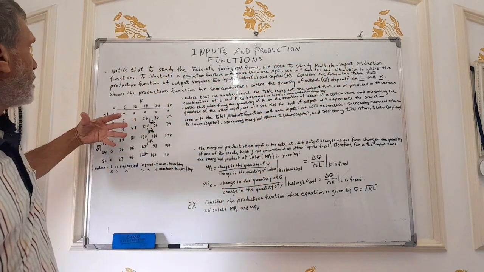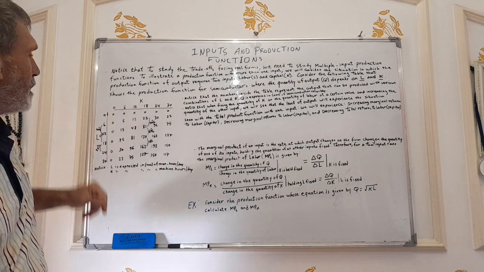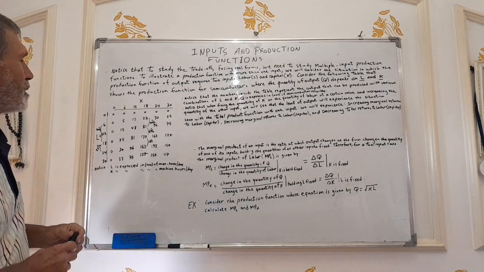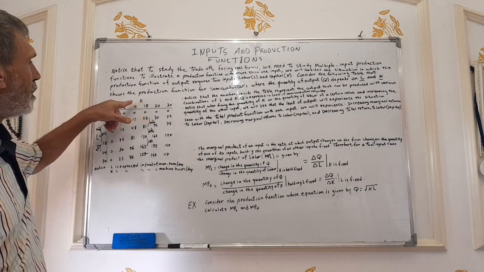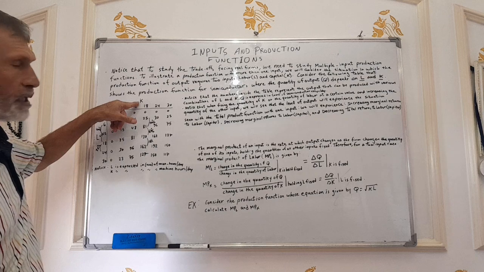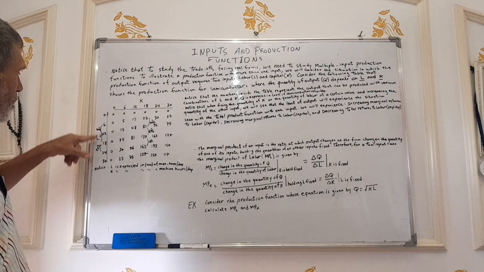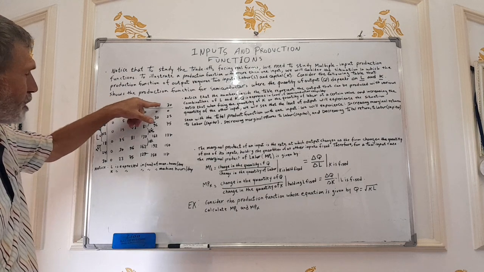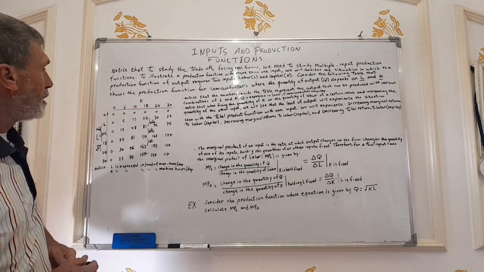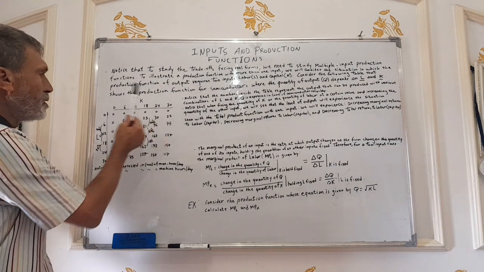Let's see this table. Consider this table that consists of capital units, which is the input capital, and the labor. The labor is along this side, and capital is along the row side over here. The capital ranges from 0 all the way to 30 units.